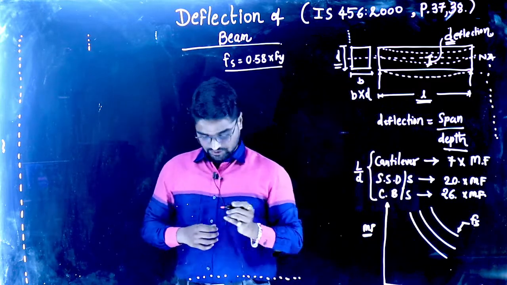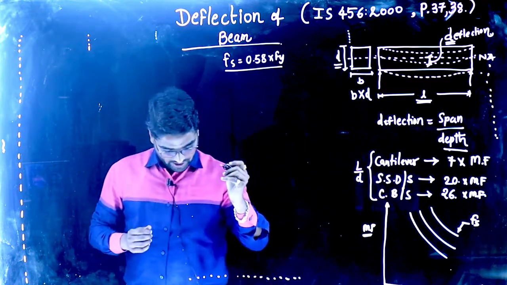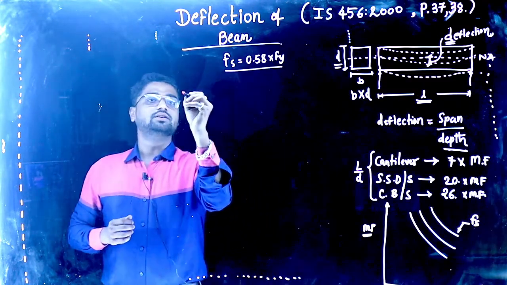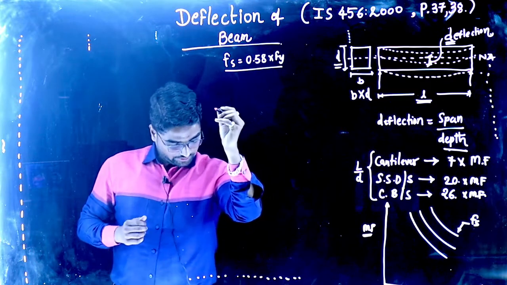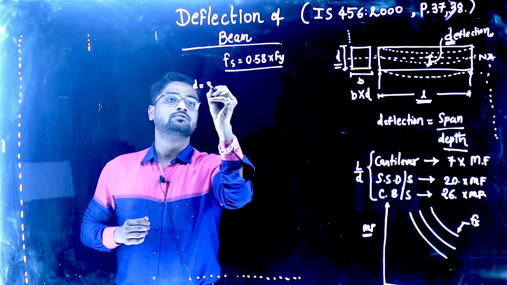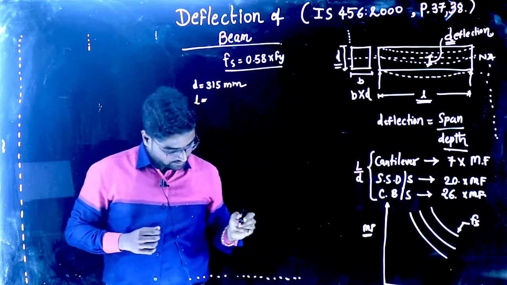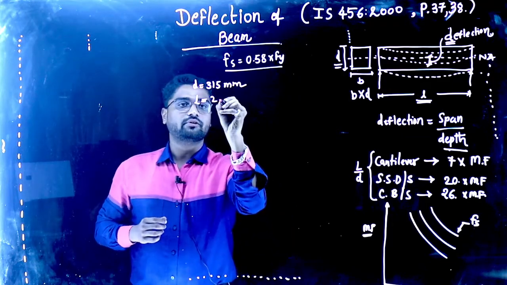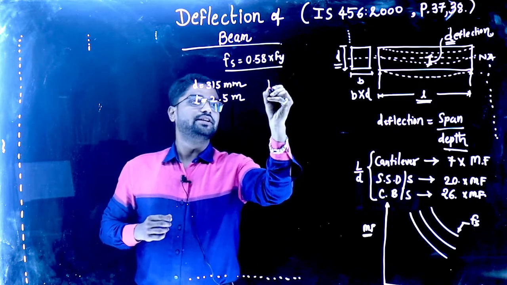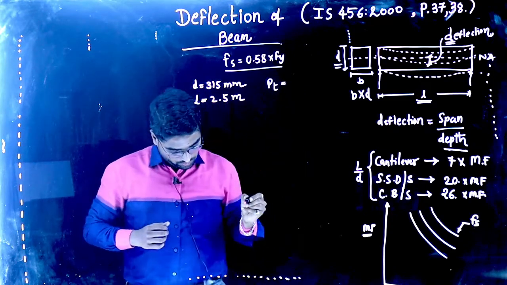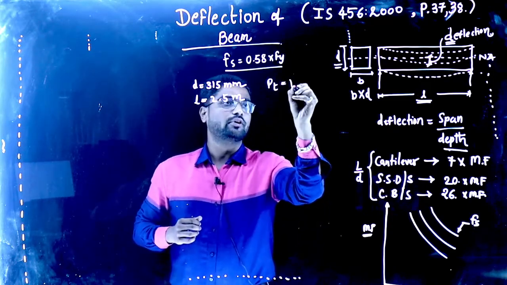Let us calculate this by one example. Suppose we have a beam which is a cantilever, with effective depth of 315 mm and span 2.5 meter, and PT, the percentage of steel provided, is 1.5%.